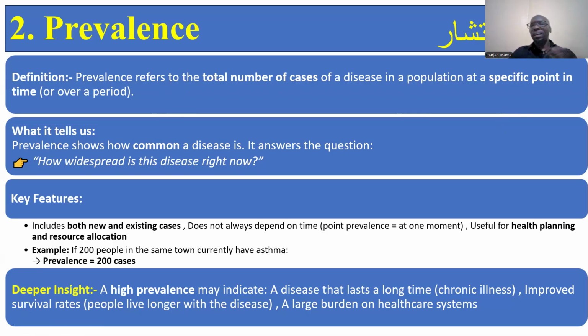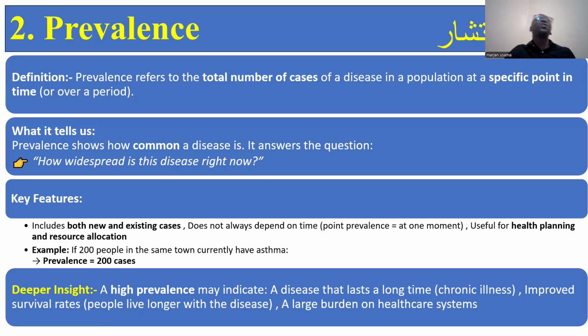So what does it tell us? Prevalence shows how common a disease is. It answers the question, how widespread is this disease right now? الآن ما هو معدل الانتشار؟ So the most important thing is that it includes both new and existing cases.